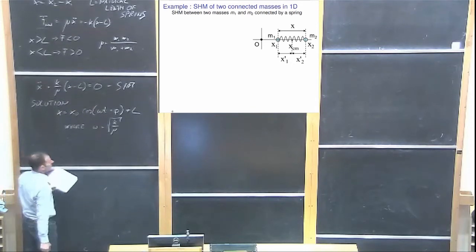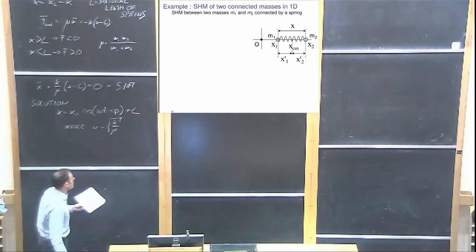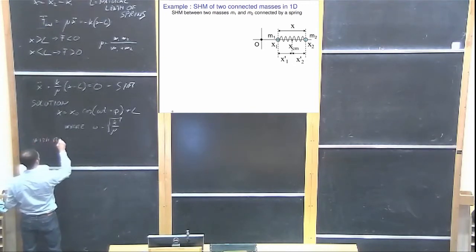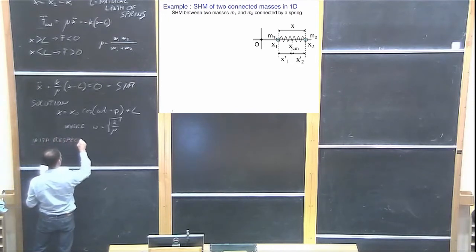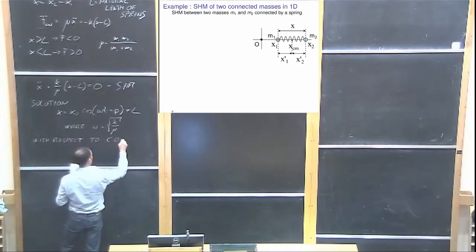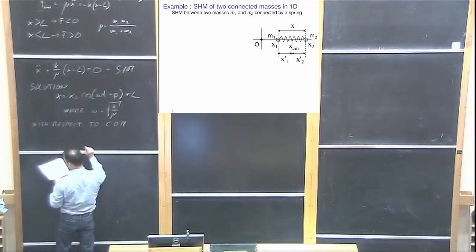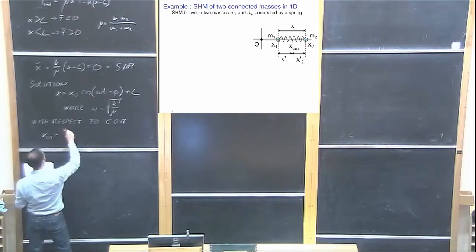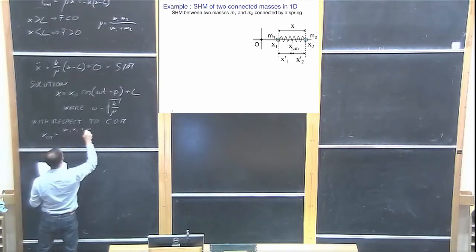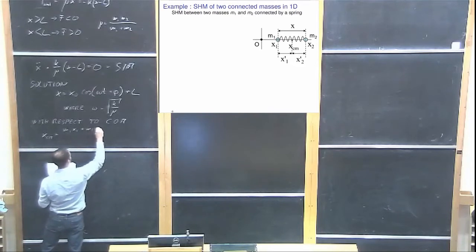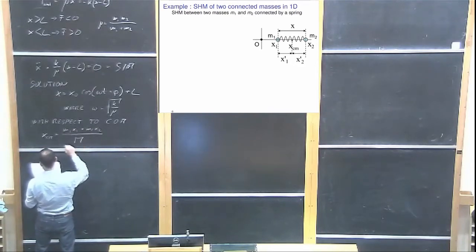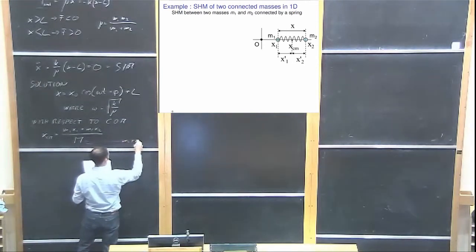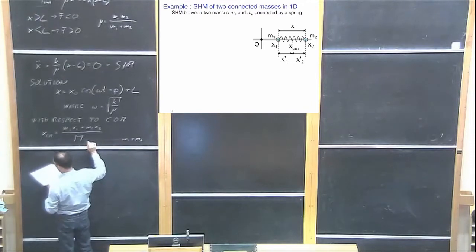Now, let's have a look at how these things look with respect to the center of mass. So x_cm, if I write it out according to the definition, equals (m1 x1 plus m2 x2) over M, where big M is m1 plus m2, the overall mass of the system.